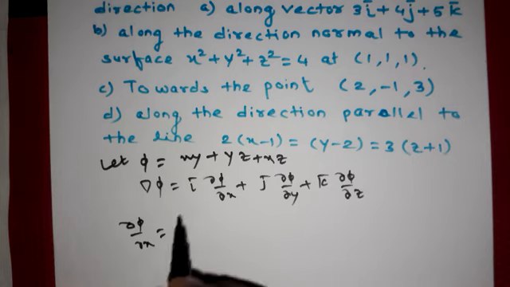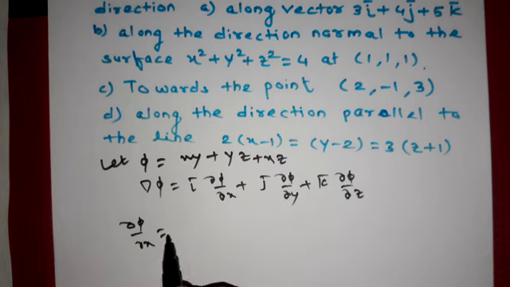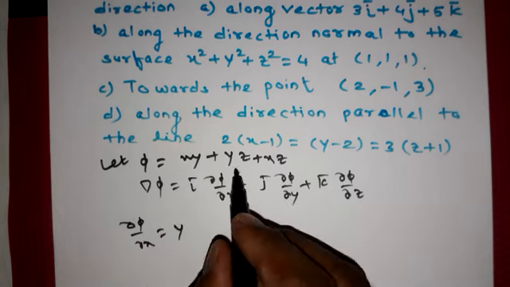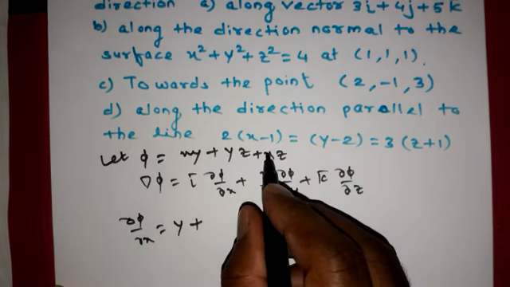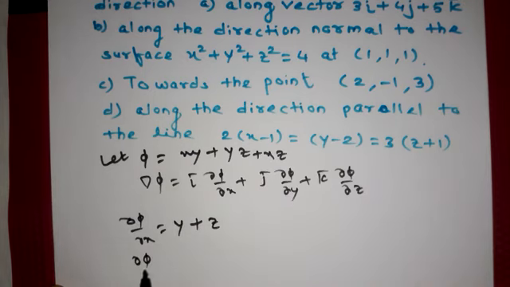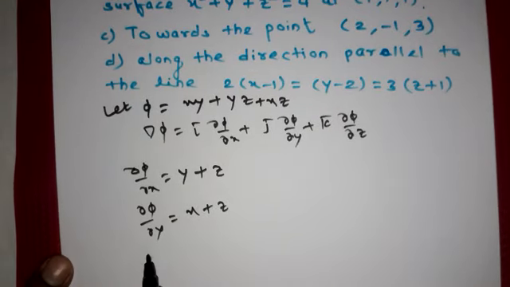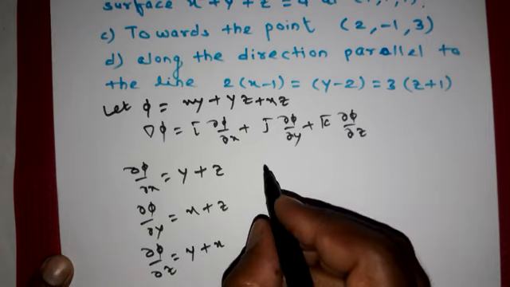Dou phi by dou x, with respect to x, phi is xy, derivative of x is 1, so y; here there is no x, so 0; plus xz, derivative of x is 1, so z. So y plus z. Then dou phi by dou y is x plus z, and then dou phi by dou z is equal to y plus x, right?